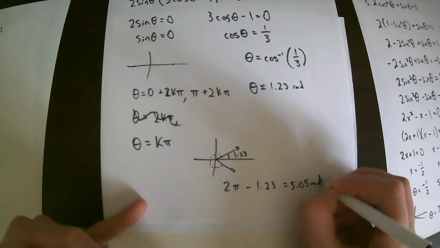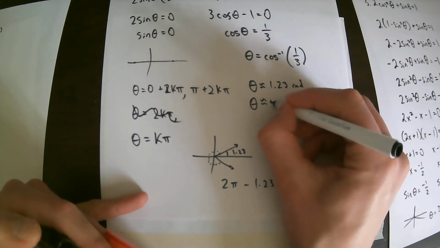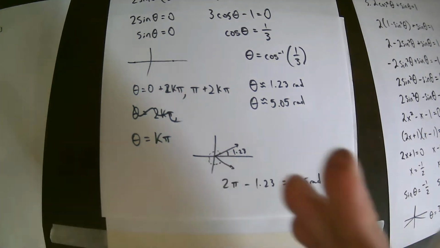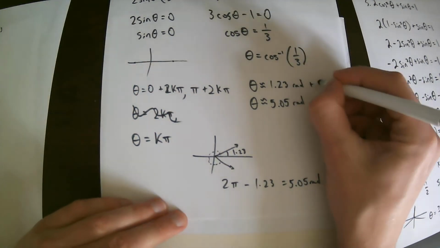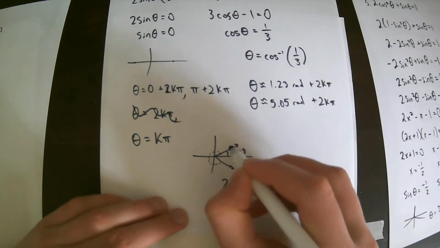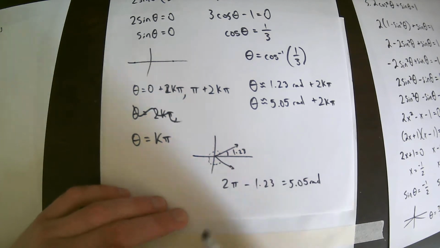And this is still in radians, and then add 2k pi to the back of each of these to get all of the angles, every rotation landing at each of these angles.